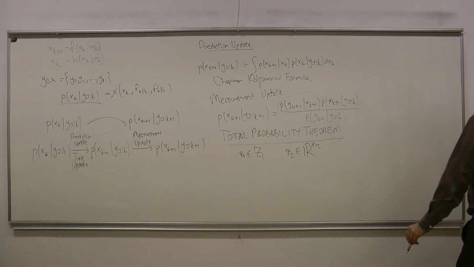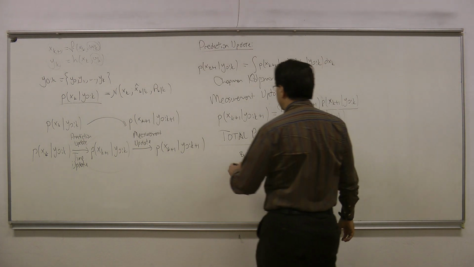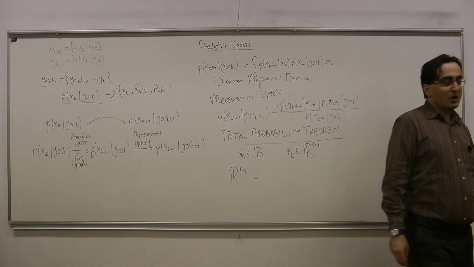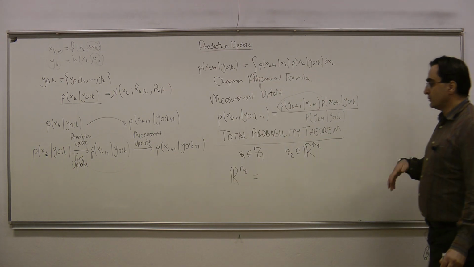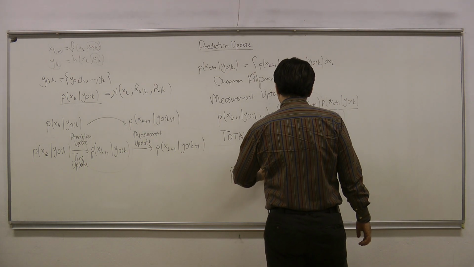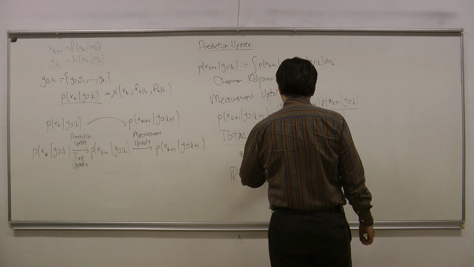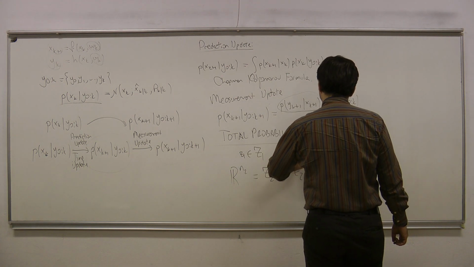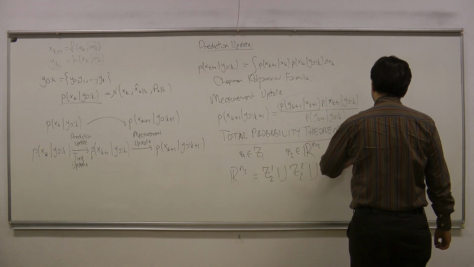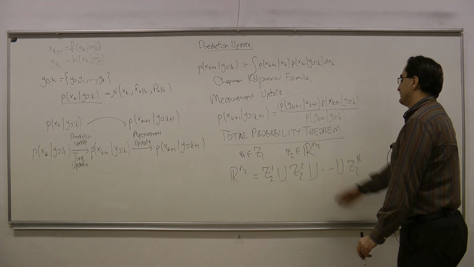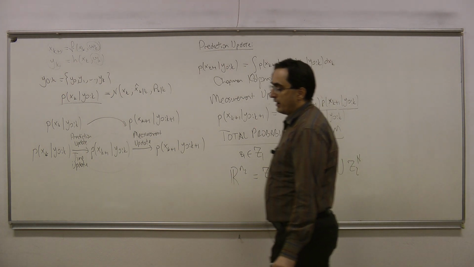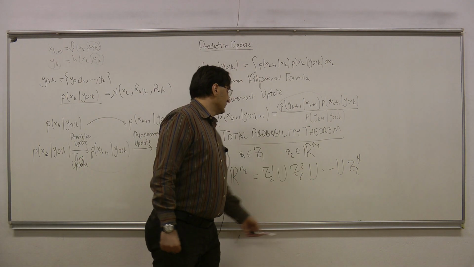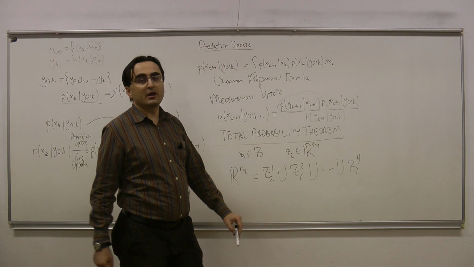So now I'm going to be writing the following decomposition of R^n2. Suppose that I decompose R^n2 into some subsets. Okay, so suppose that this is Z21, and I have here union Z22 going until Z2n. Suppose that there are some subsets of R^n2, and their union would give me R^n2.